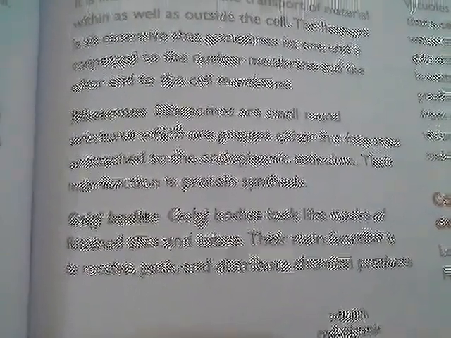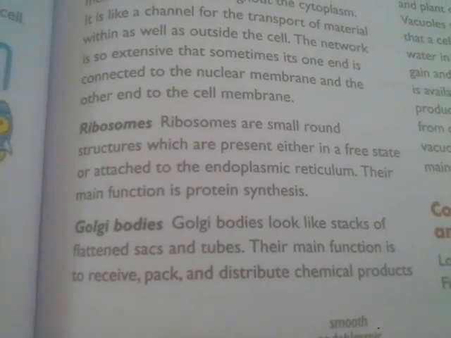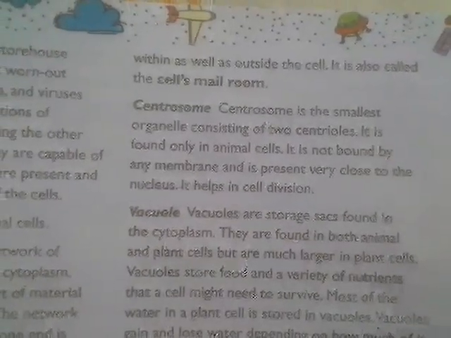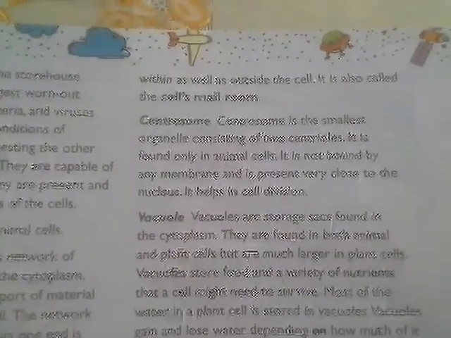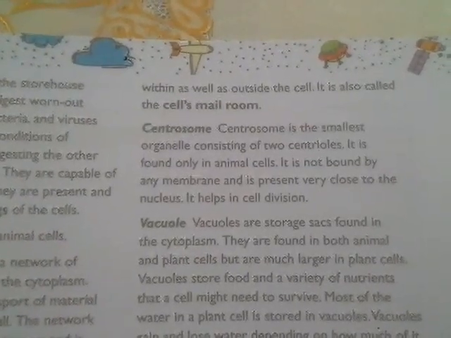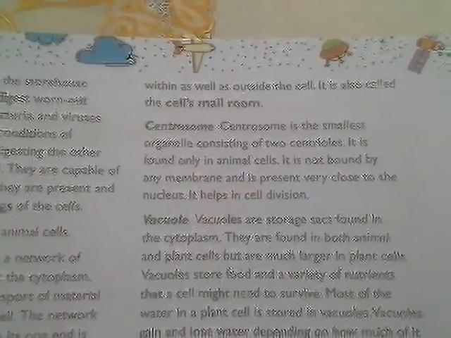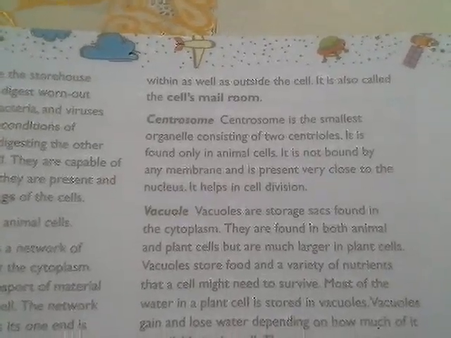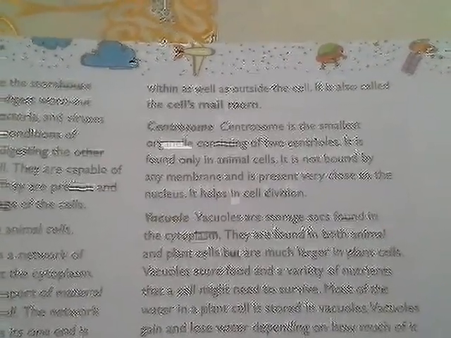Next we have centrosomes. Centrosomes are usually found only in animal cells, so you will not find them in plant cells. They are very close to the nucleus and help in cell division. That means when cells are being divided, it is controlled by these centrosomes.